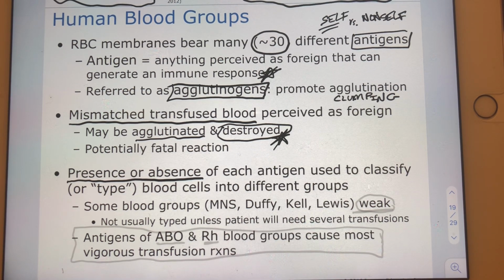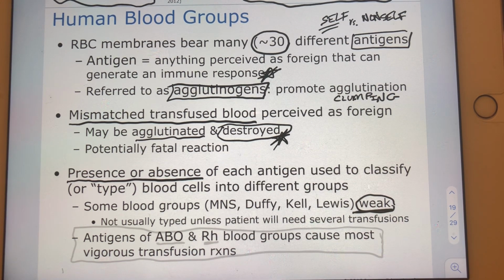And some of those 30-ish different types of name tags include some really weak name tags that are not likely to trigger an immune response, or not likely to trigger a strong immune response. So we don't worry so much about the weaker blood groups.